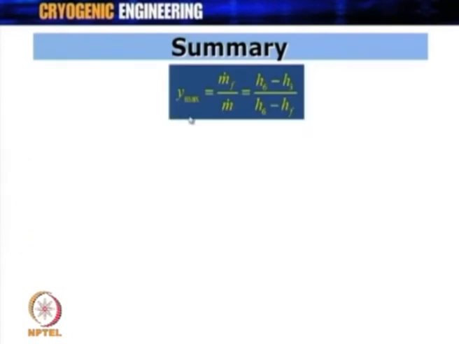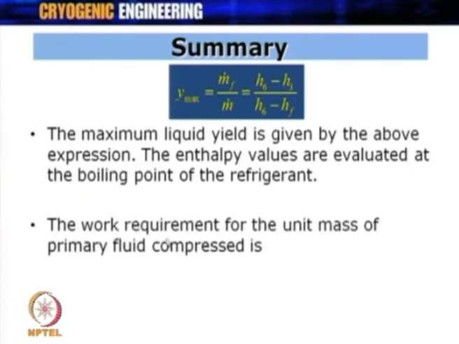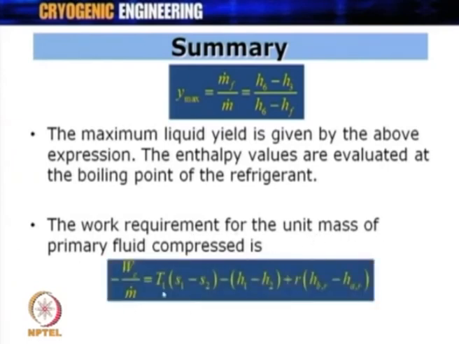And the Y max, that is the maximum value of Y or the yield you can get, is H6 minus H3 upon H6 minus HF, where H6 and H3 are evaluated at the boiling point of the refrigerant. The maximum liquid yield is given by the above expression. The enthalpy values are evaluated at the boiling point of the refrigerant, and this will give you the value of Y max. The work requirement for the unit mass of primary fluid compressed is this.